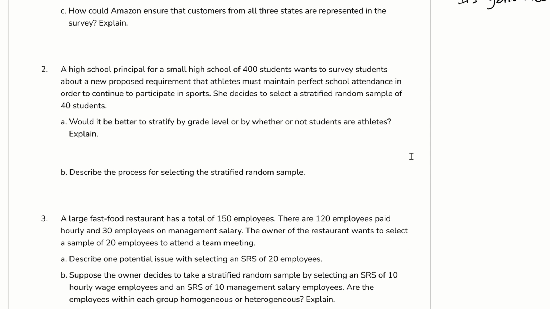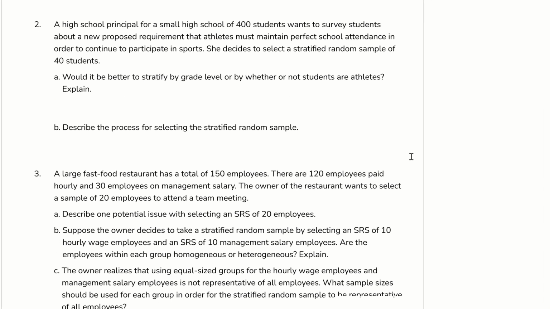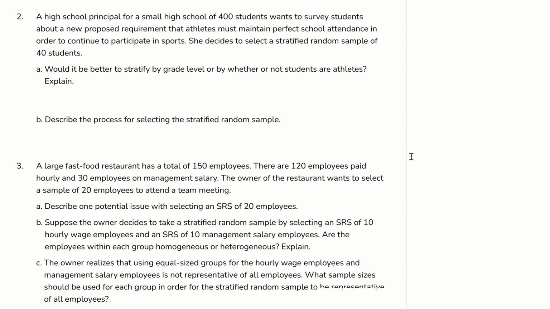All right. Okay, so a high school principal for a small high school of 400 students wants to survey students about a new proposed requirement that athletes must maintain a perfect school attendance in order to continue to participate in sports. She decides to select a stratified random sample of 40 students. Would it be better to stratify by grade level or by whether or not students are athletes? Explain. Okay, so in this case, the proposed requirement is that the athletes must maintain a perfect school attendance to continue to participate in sports.